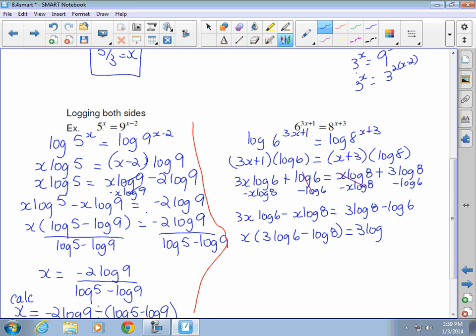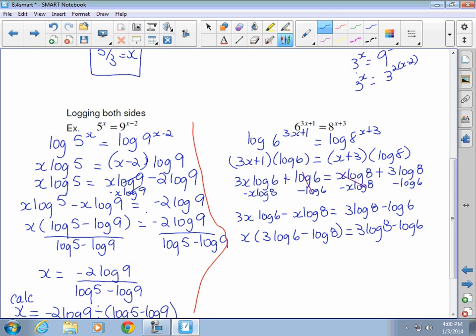Okay. So 3 log 6 minus log 8 is equal to 3 log 8 minus log 6.